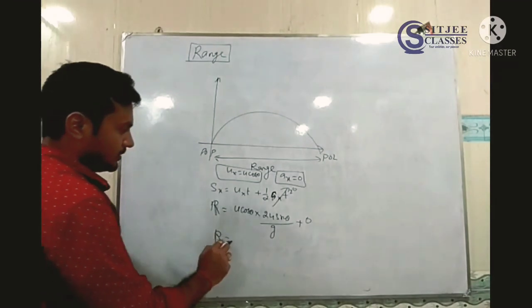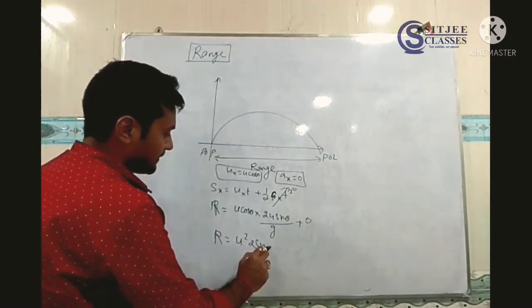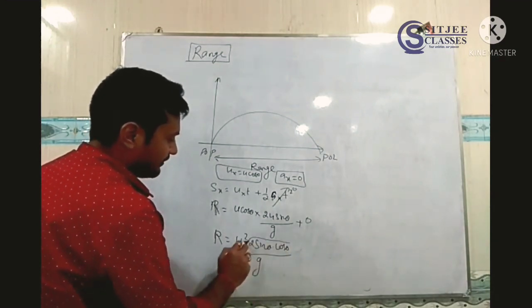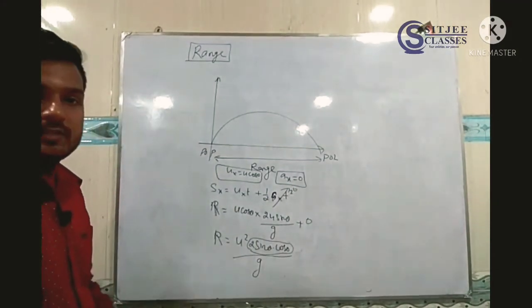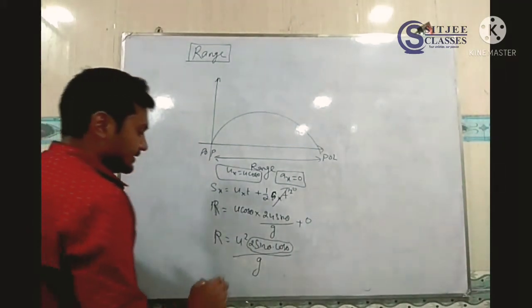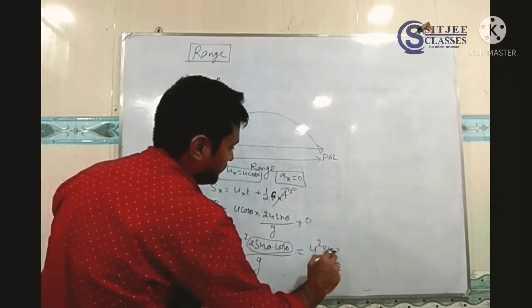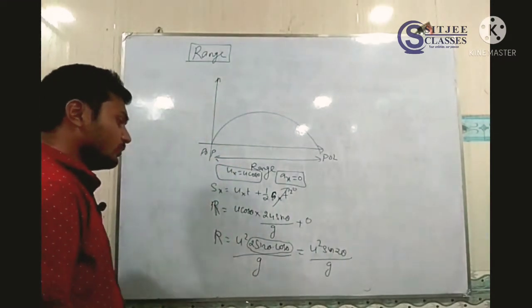So R is nothing but, if you multiply, u square 2 sin theta cos theta by g. And if you are a champion in maths, this part is what? 2 sin theta cos theta is nothing but sin 2 theta. So we can write here u square sin 2 theta divided by g. Okay, super.